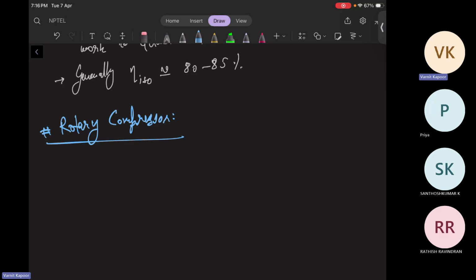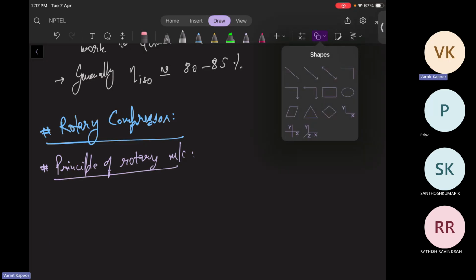So what is the principle of the rotary compressor, rotary machine? Let us first understand that. What is the principle of a rotary machine? So let us assume there is a fluid which enters at a section 1. Let me make a rotary machine first of all.